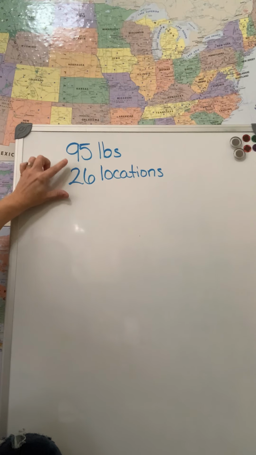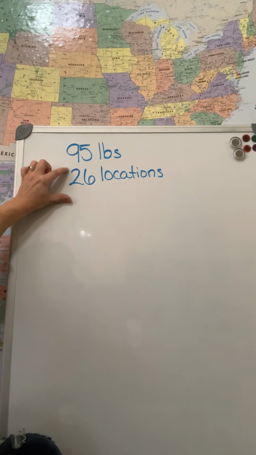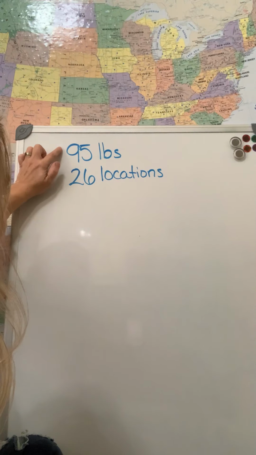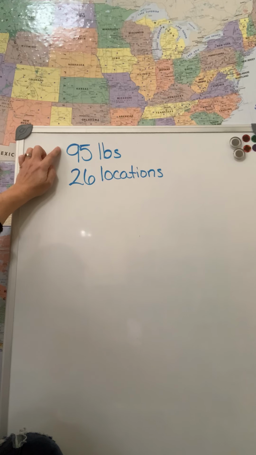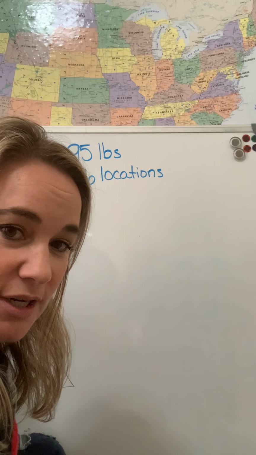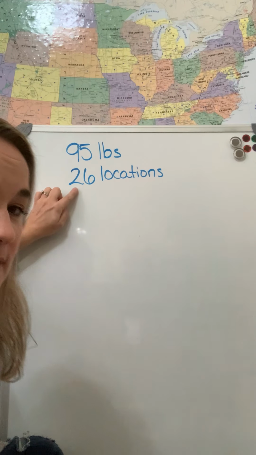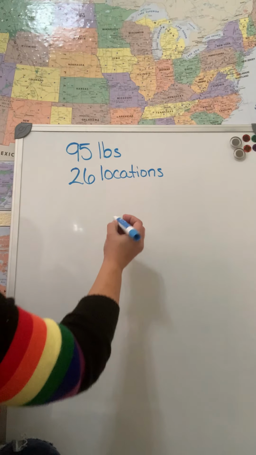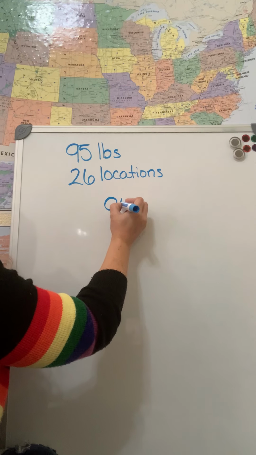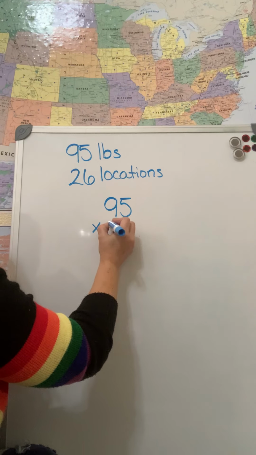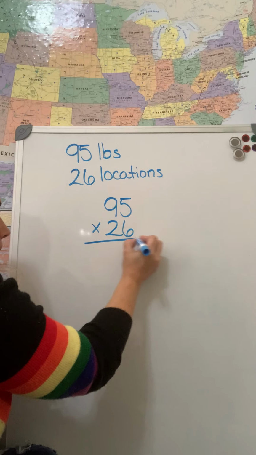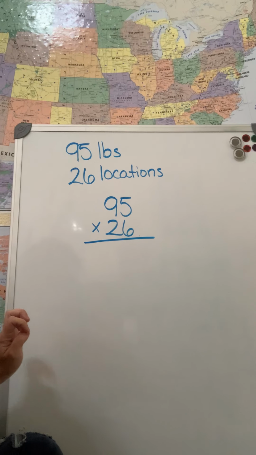We have pounds and we have 26 locations. Well, I can't just add 26 locations to 95 pounds because there are 95 pounds of potatoes at each of the 26 locations. So we're going to multiply. We're going to multiply 95 times 26. Okay. So here we go.